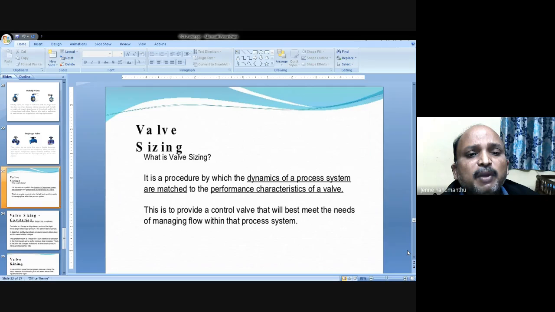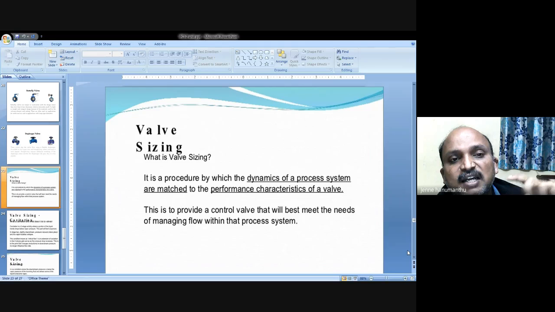But what do you mean by valve sizing? Through a control valve, you can permit a fluid, maybe liquid, maybe gas, maybe vapor. There are three possibilities. For liquid, we want to select one type of control valve. For gases, this is not suitable; we want to select another control valve.